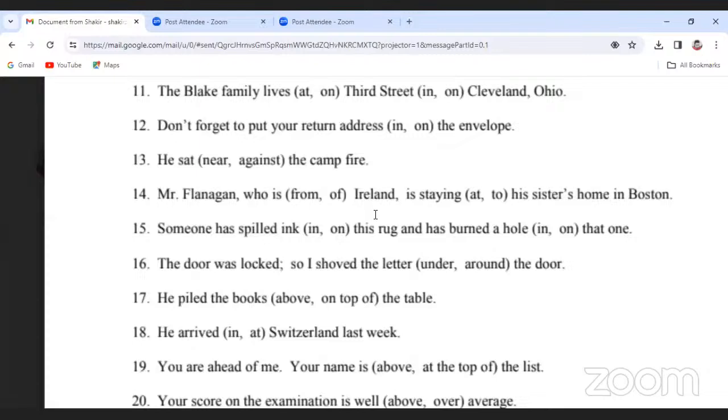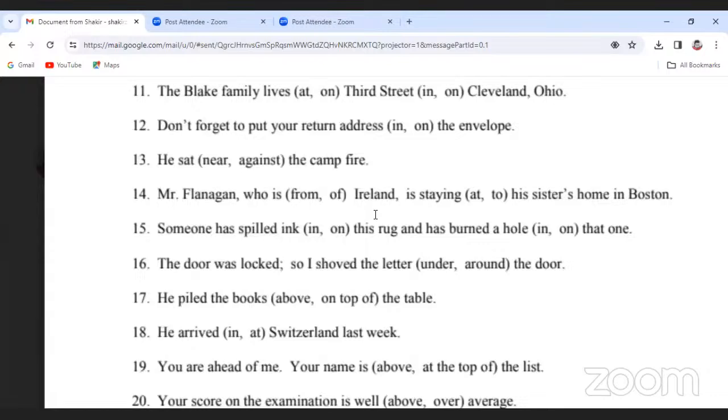At the top of. Yes, 19. You are ahead of me. Your name is at the top of the list. Okay, we move to number 20.